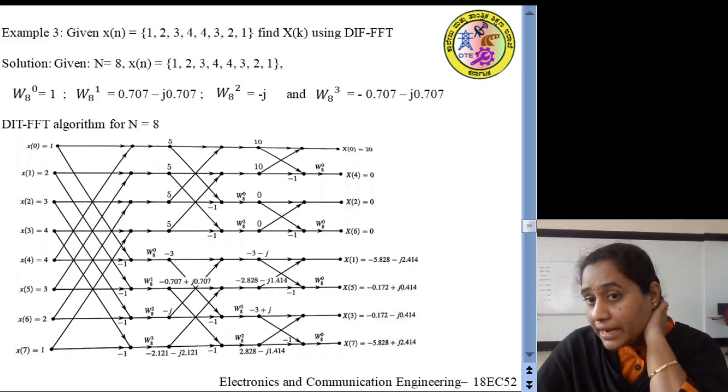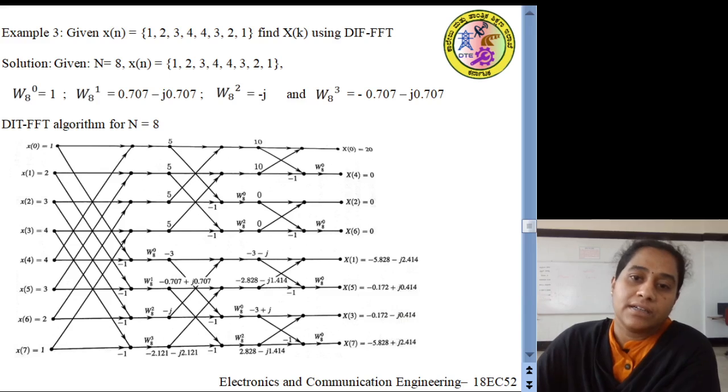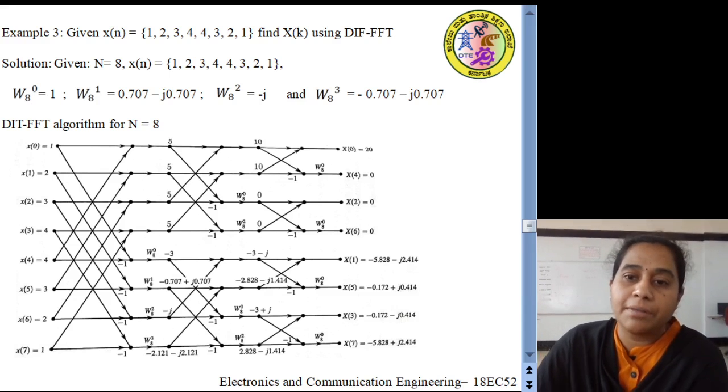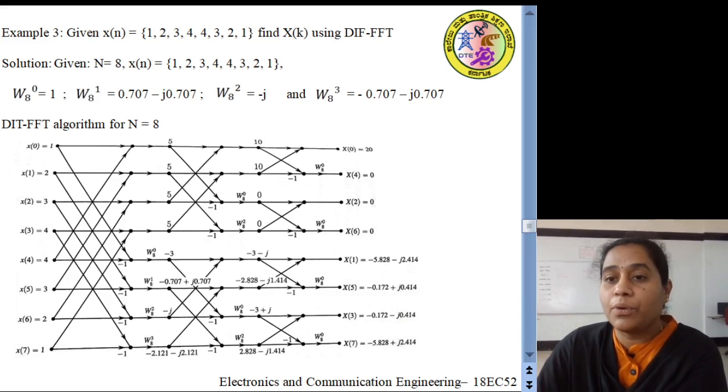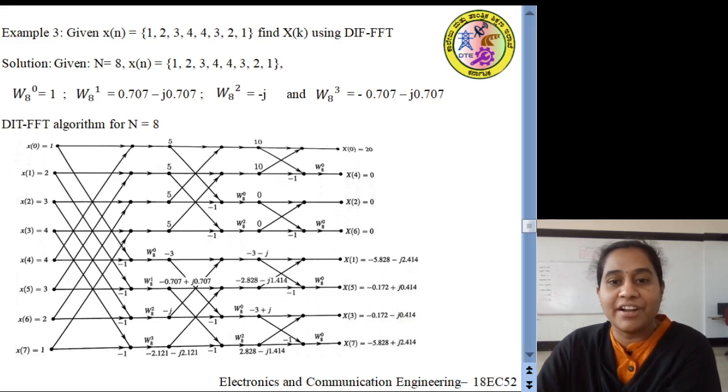So we need 4 values for twiddle factors, W8 power 0, W8 power 1, W8 power 2 as well as W8 power 3. So W8 power 0 is 1, W8 power 1 is 0.707 minus j0.707, W8 power 2 is minus j, W8 power 3 is minus 0.707 minus j0.707.